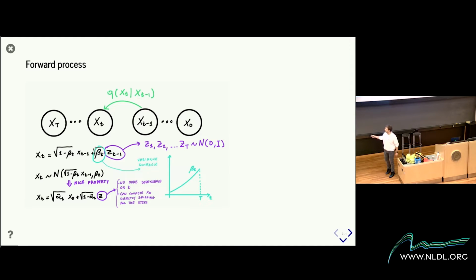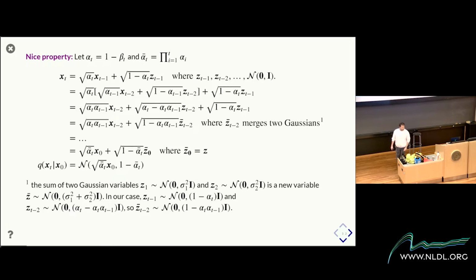Because the first equation implies that if t is, I don't know, 180, we have to do 180 of these steps to compute it. Like this, no, we just need the starting point, and that's it, okay? And just some variable, this alpha, which we can pre-compute. Okay, so what is this nice property?